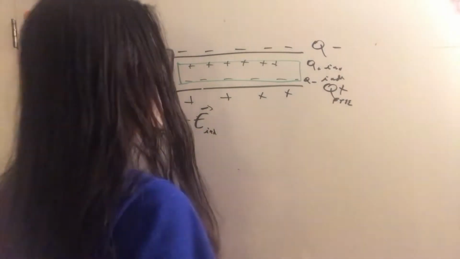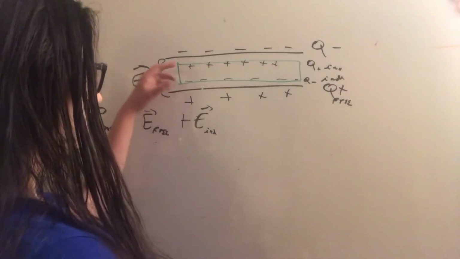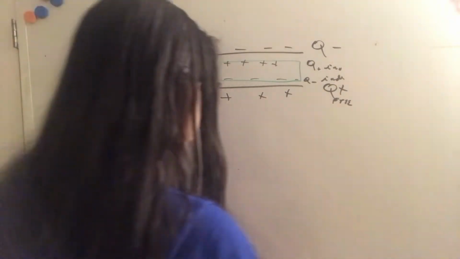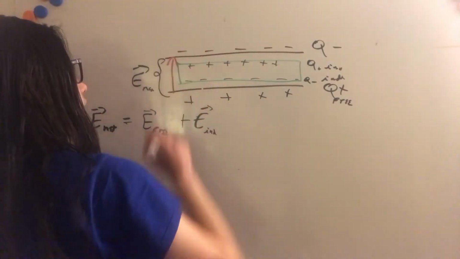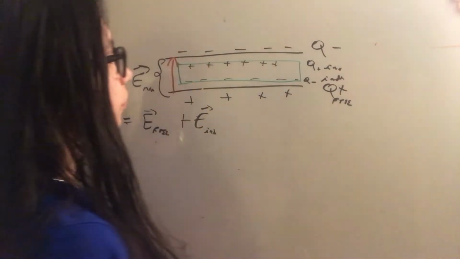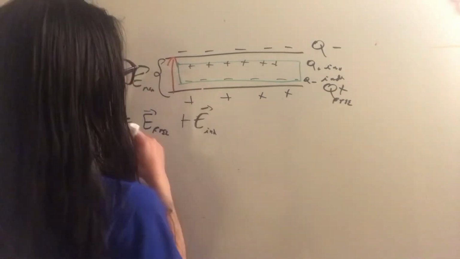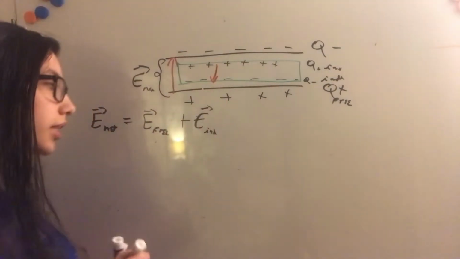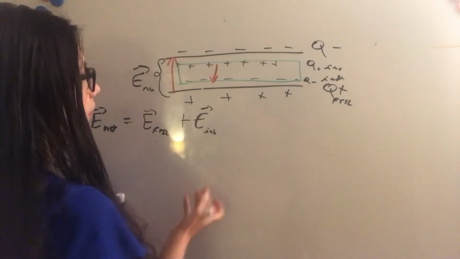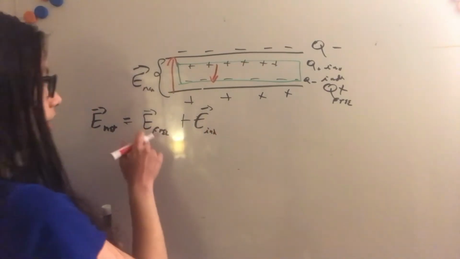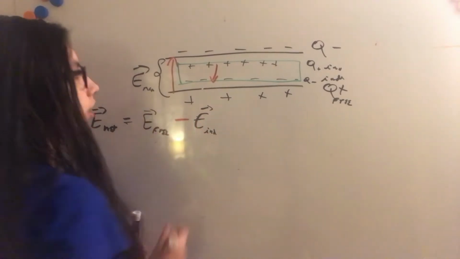The electric field produced by the free charges is in this direction, from positive to negative. And the electric field of the induced charges is in the opposite direction, so we usually write it as a negative sign.